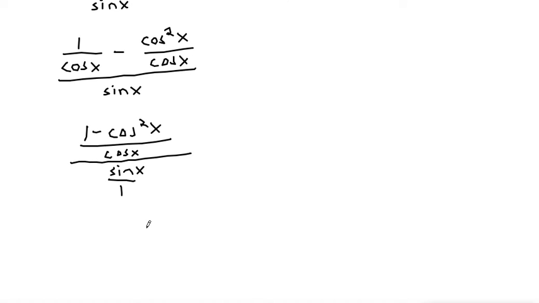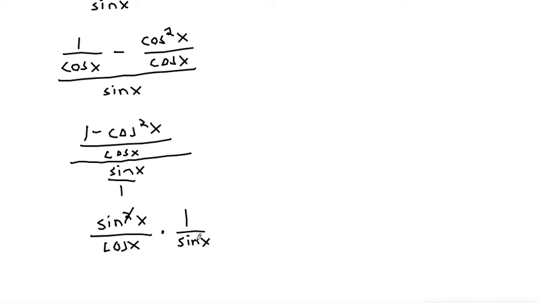Again, we wrote before that sine squared x is equal to 1 minus cos squared x. So let's write this as sine squared x over cos x. And I'm going to flip the denominator and multiply to make 1 over sine x.